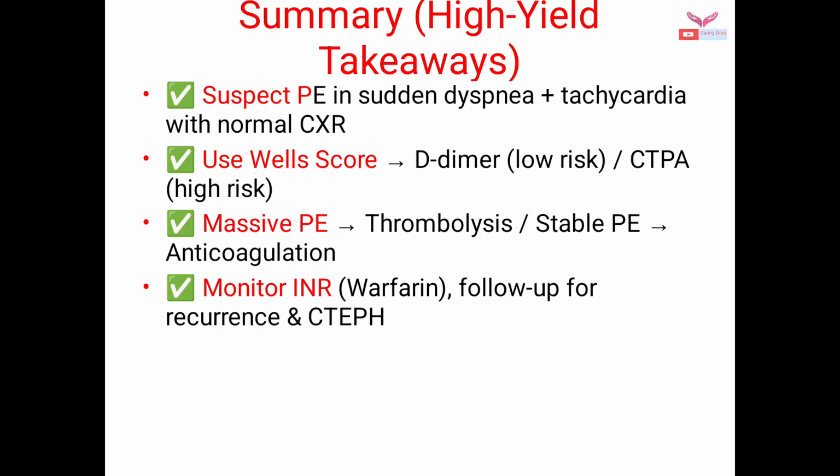If the patient has a massive pulmonary embolism, we should thrombolyse him. If a stable pulmonary embolism is there, we should start anticoagulation. And we should always monitor INR for warfarin and APTT for heparin. And we should do the follow-up for recurrences and pulmonary hypertension.